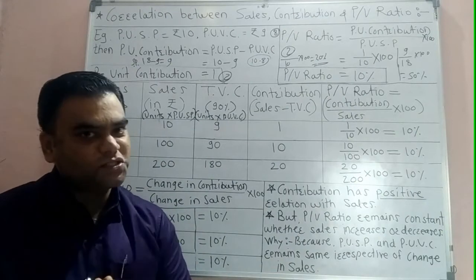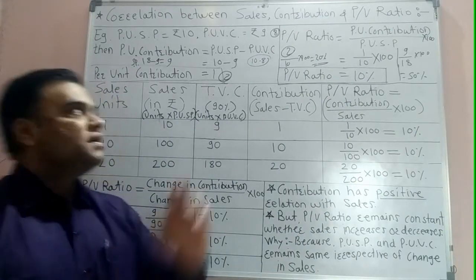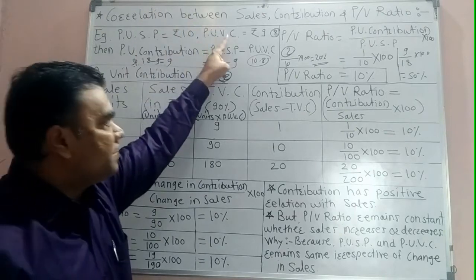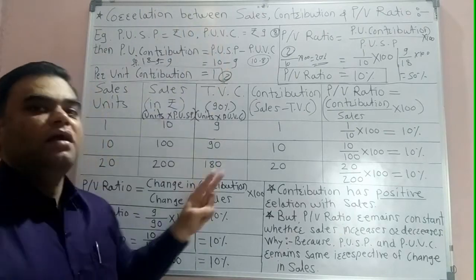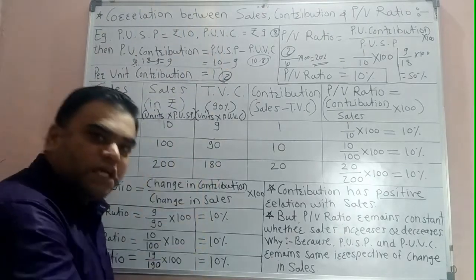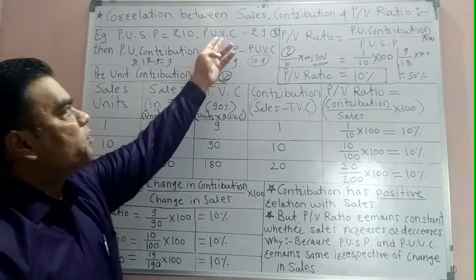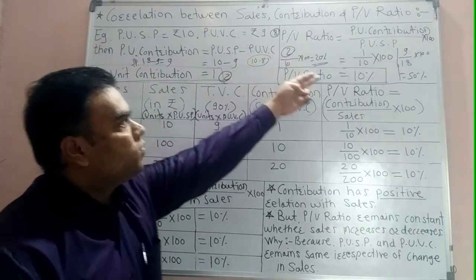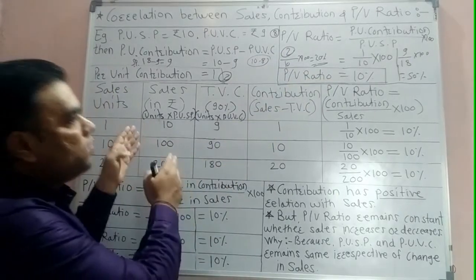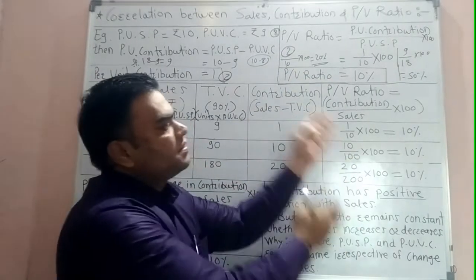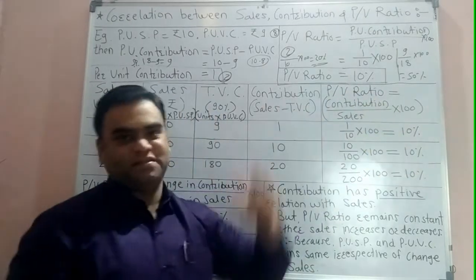Why is it constant? Because your per unit selling price and per unit variable cost are constant, unchanged throughout all levels. That's why your original PV ratio also remains the same at all levels, which is 10%.